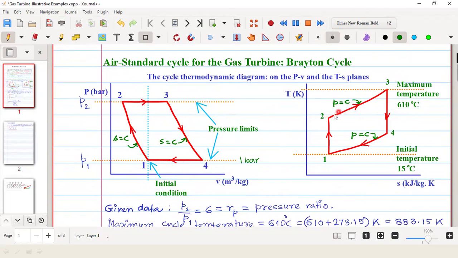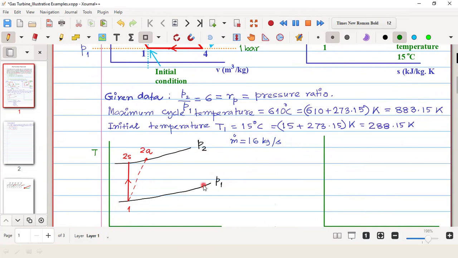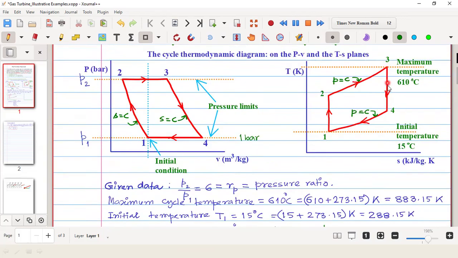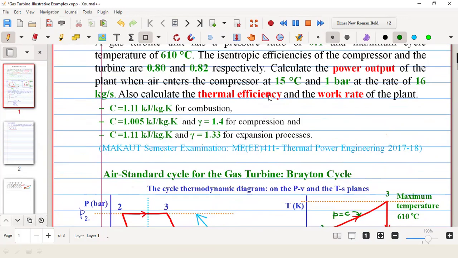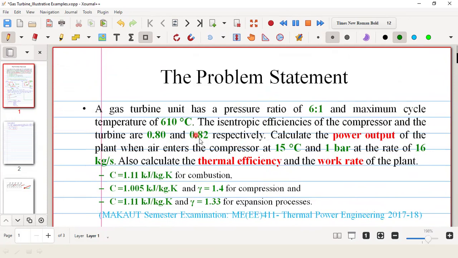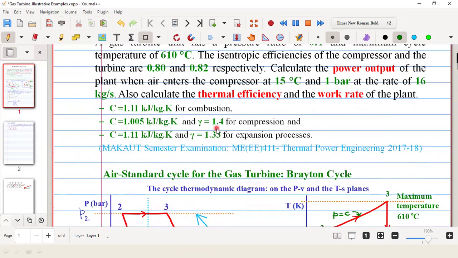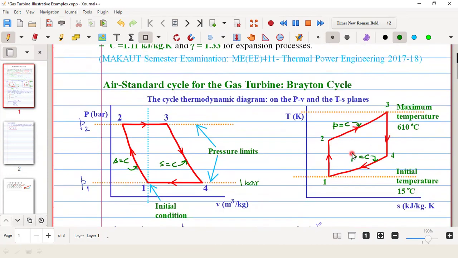So we will write the same pressures. Now we will show this process 3 to 4. Here the ideal process is isentropic 3 to 4. Now here it is mentioned that the isentropic efficiency of the turbine is not 1, it is less than 1. So there will again be deviation from the ideal process that we will see now.